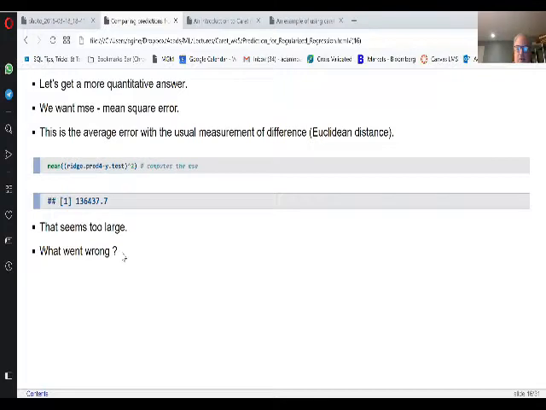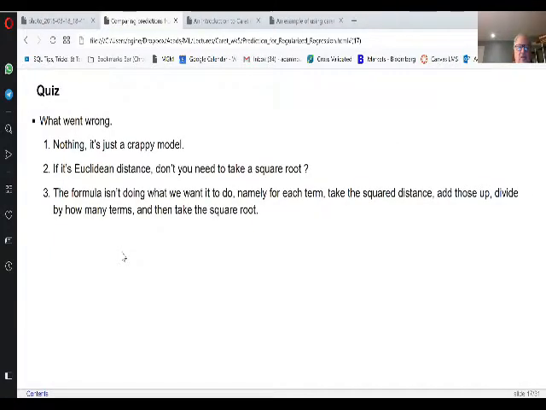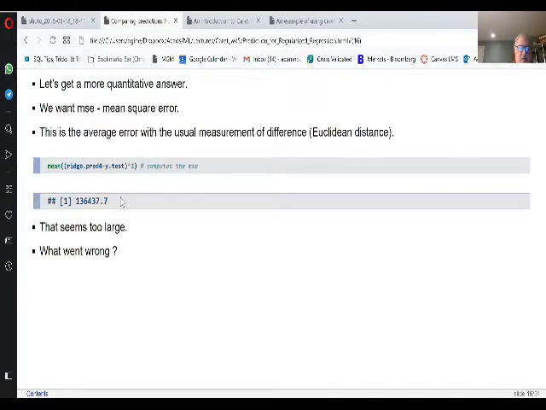So what went wrong? What went wrong is the first quiz, and I give you 3 choices. The first is nothing, it's just a crappy model. 2, if it's Euclidean distance, don't you need to take the square root? I just took the squares. Shouldn't I have taken the square root there?